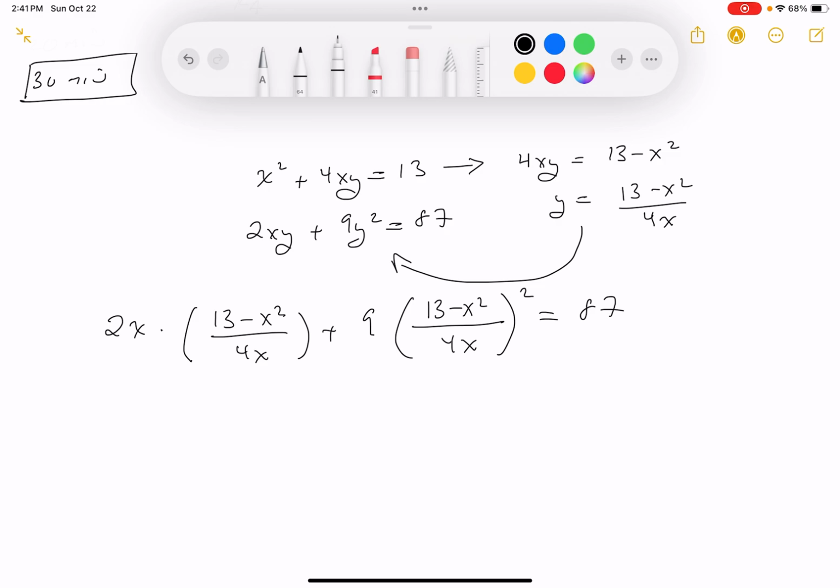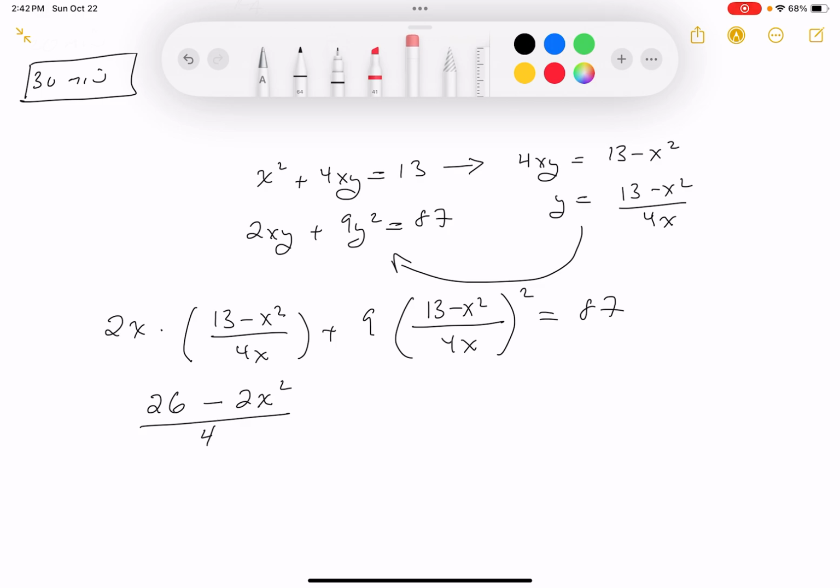And the way I'm going to do that, I'm going to do some reductions maybe. And let's multiply this out. So the first term, I'm actually getting 26 minus 2x squared over 4. You know what?